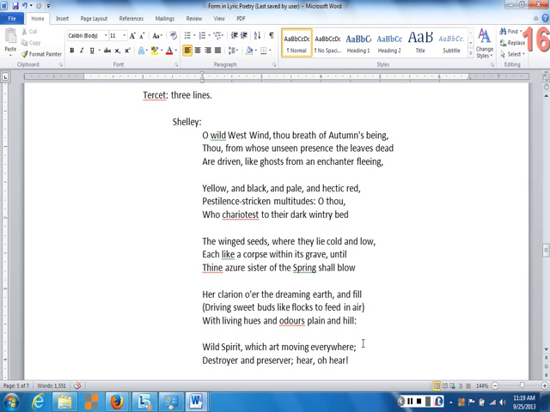So a tercet, and in this case, interlocking stanzas of 3 lines. And when I say interlocking, I mean interlocked by the repetition of that middle rhyme sound, and this is called terza rima.